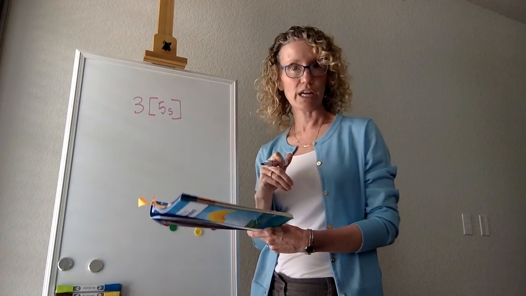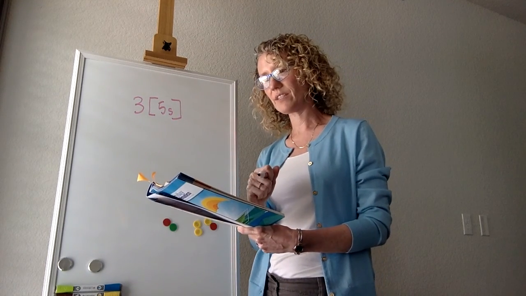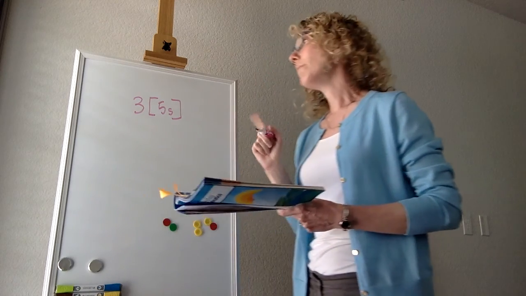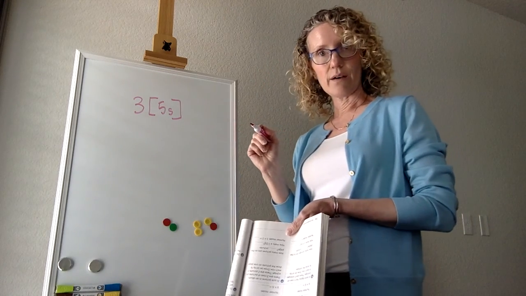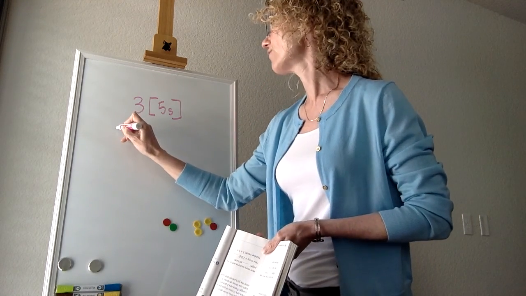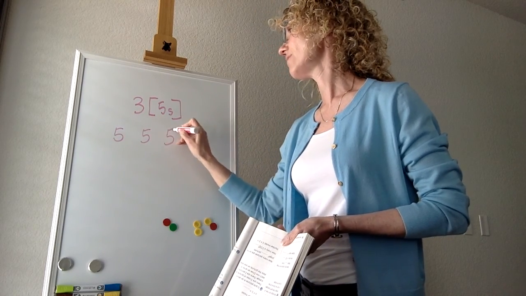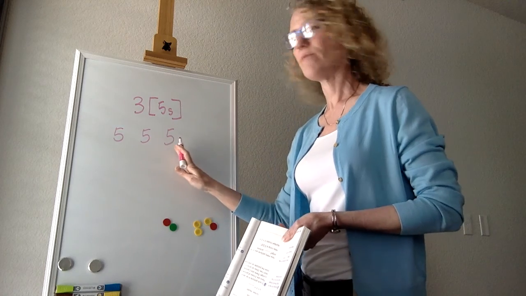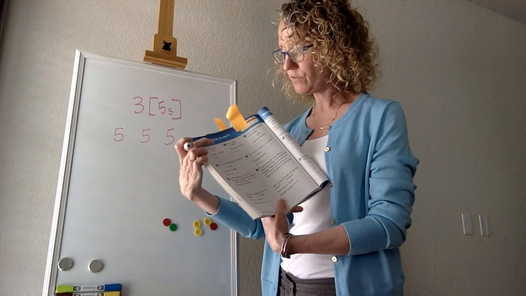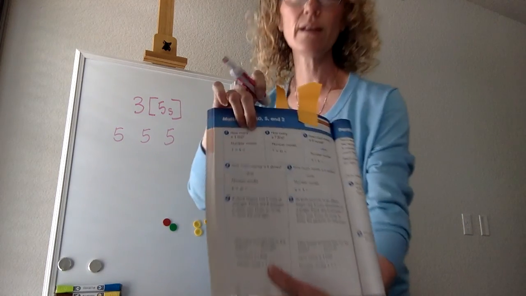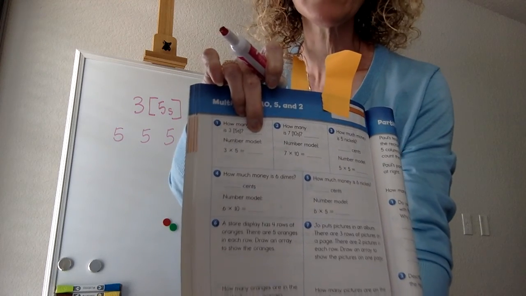That looks very strange, doesn't it? How many is 3 5s? But all you need to think of is this. So if we have 3 5s, 5, 5, and 5. 5, 10, 15. 3 5s is 15, and you're going to write the number 15 right there on that line.